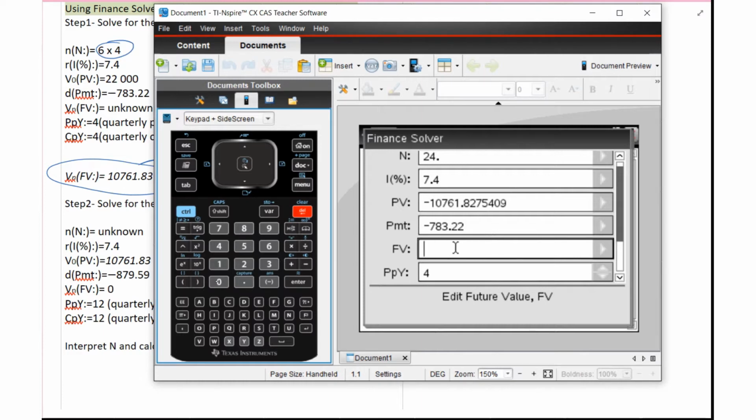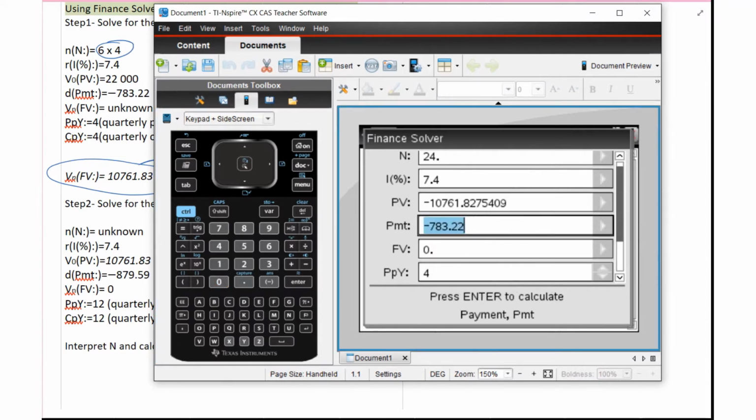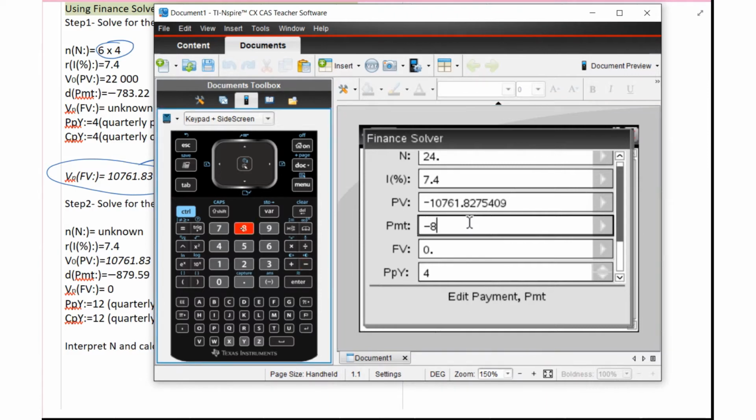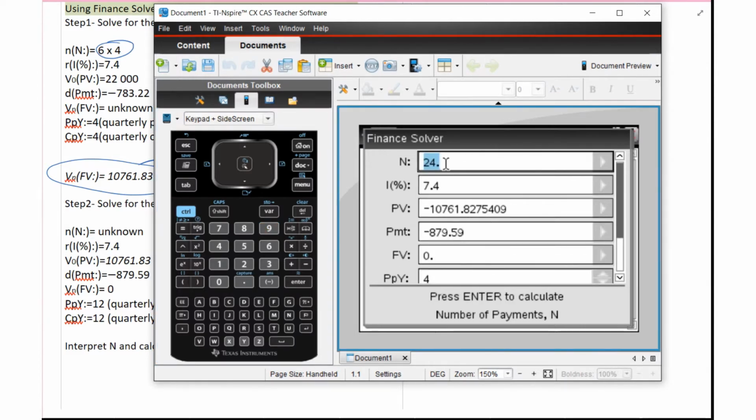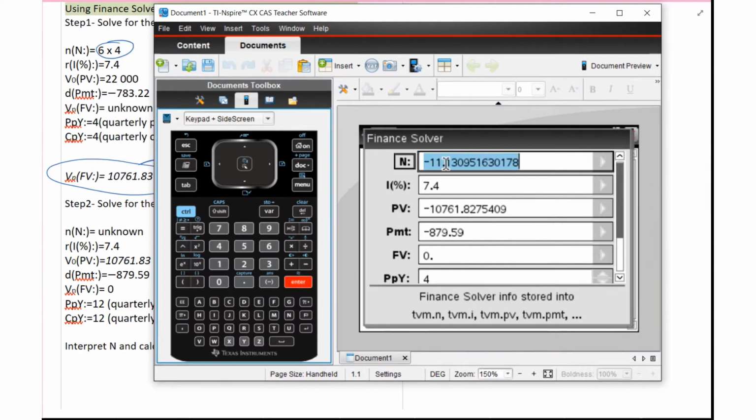Payments now is negative 879.59. And I'm after n because I want to know how many more payments I need to make. And as you can see here, it says I need to make 11.1.